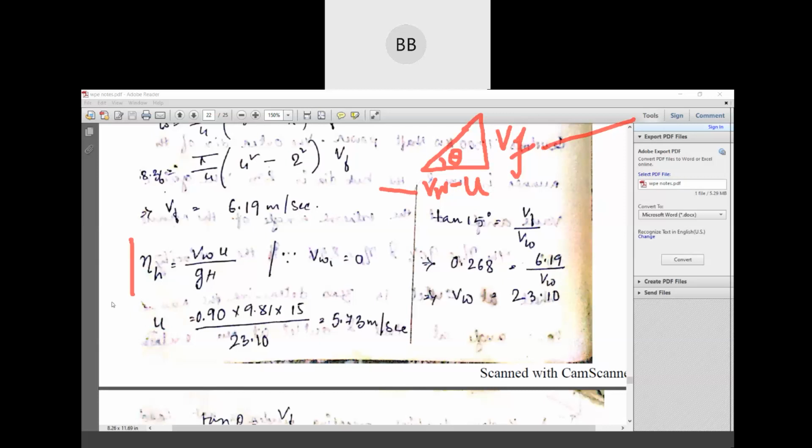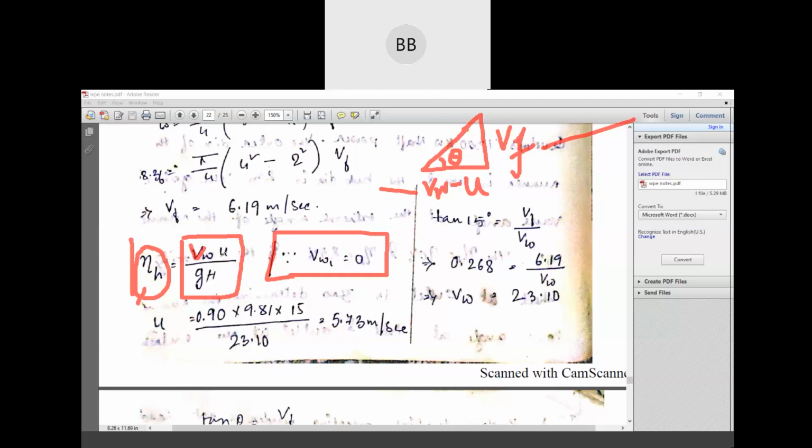To find out the U value, we are going to use hydraulic efficiency, as hydraulic efficiency is given to us. So you use the hydraulic efficiency equation, VW U divided by gH, as VW1 is 0. If this VW1 is not 0, then this equation will be different. As VW1 is 0, some components are missing, and the left out component is VW multiplied by U divided by gH.